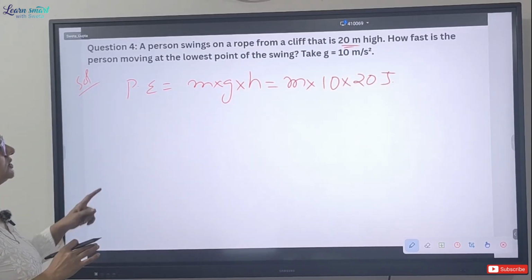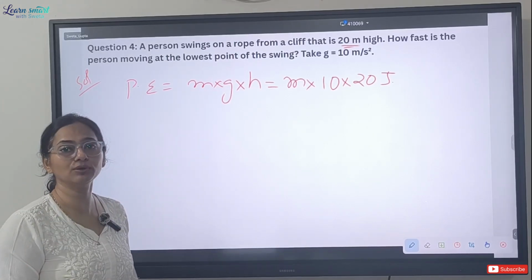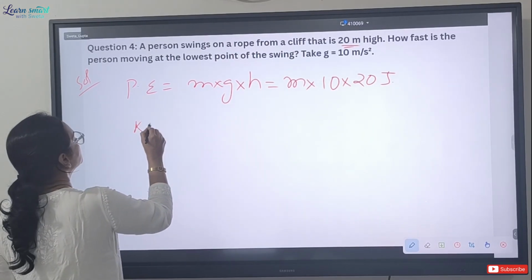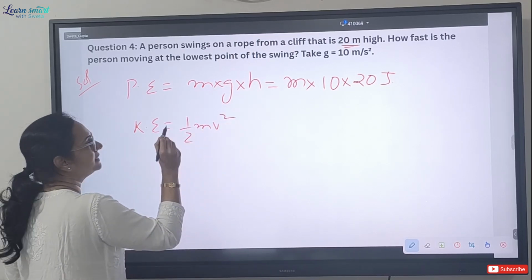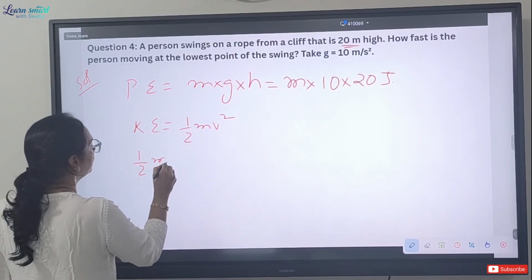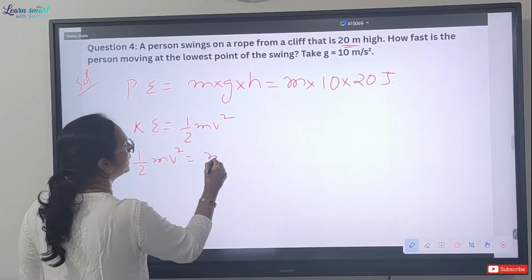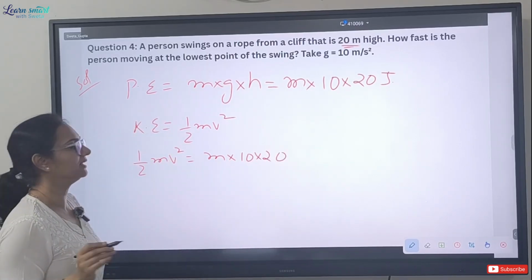Now this same energy, how fast is the person moving at the lowest point? This same energy will convert to kinetic energy. So kinetic energy is equal to half mv square, and this is equal to this. So we will equate. We will write half mv square equals m into 10 into 20. Now only calculate.